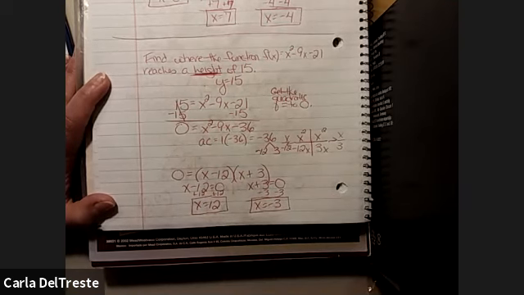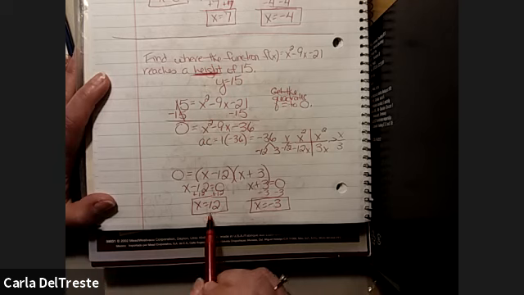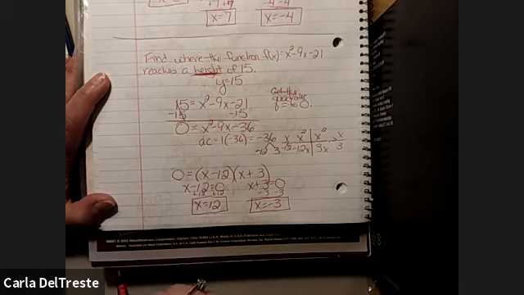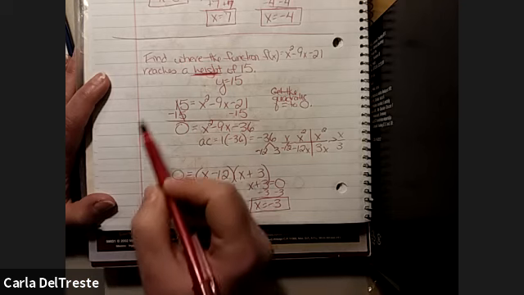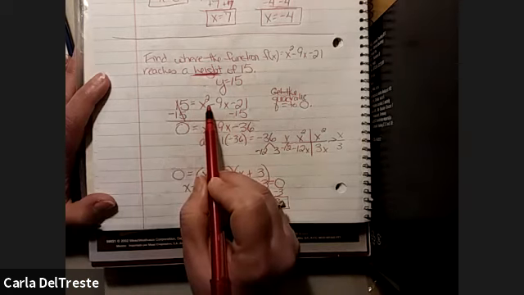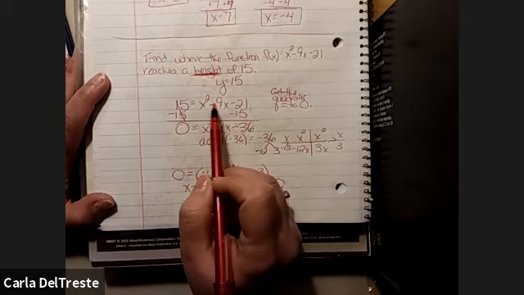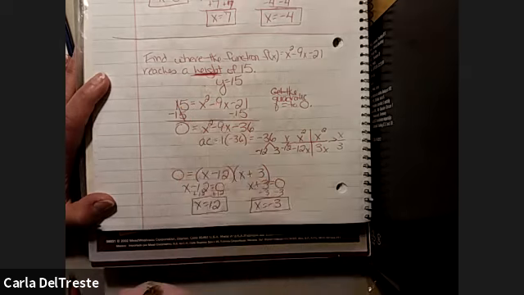As always, there's good news here because these are self-checkable. I should be able to take these answers, however many answers I've gotten, and plug them back into the original, so not after I've done any work, into the original problem, and make sure that the two sides balance.